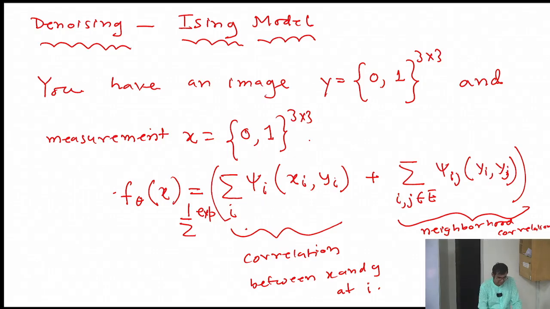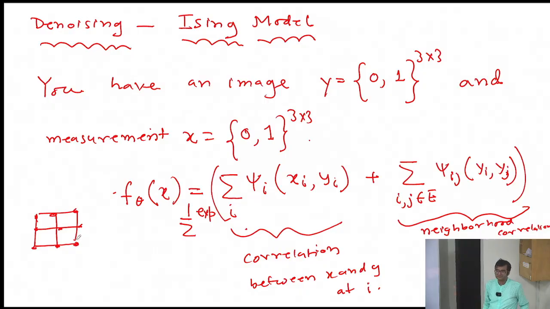So something like this is how it looks, right? 1, 2, 3, 4, 5, 6. And now you can see the edges.